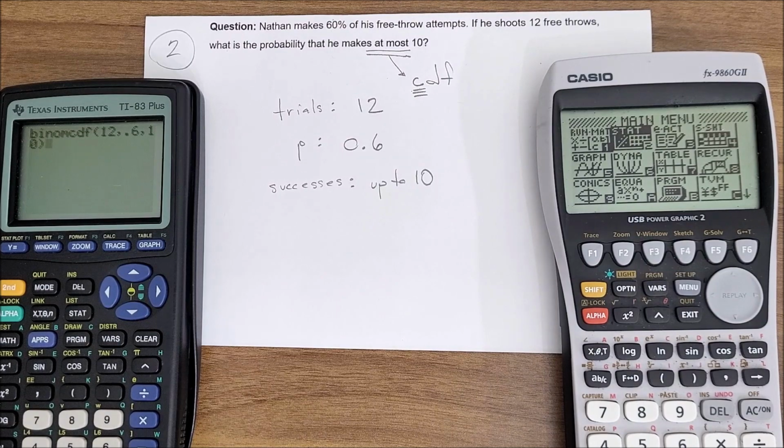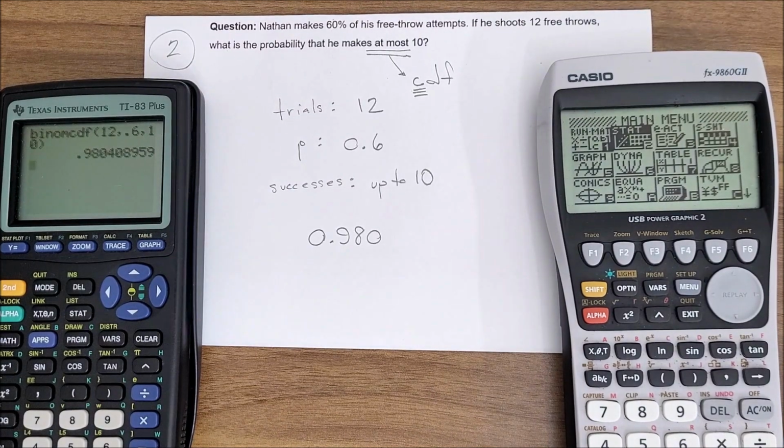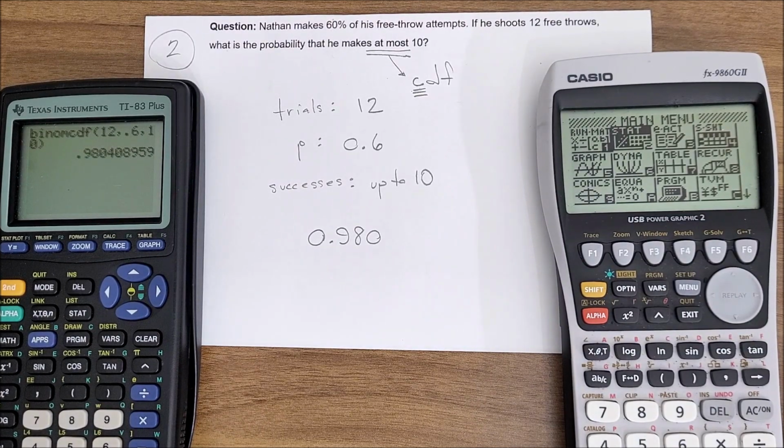But since this is using the CDF, this is going to give you the cumulative probability of all successes up to and including 10. So now when I hit enter, I'm going to get a much higher number. There's a 98% chance that he is going to hit up to 10 free throws if he shoots 12.